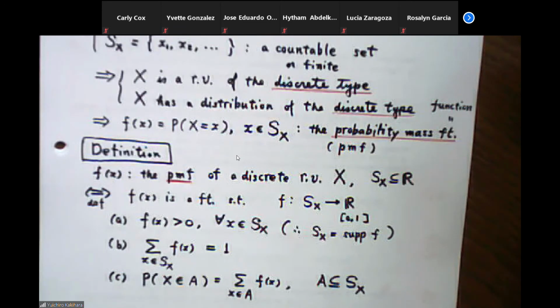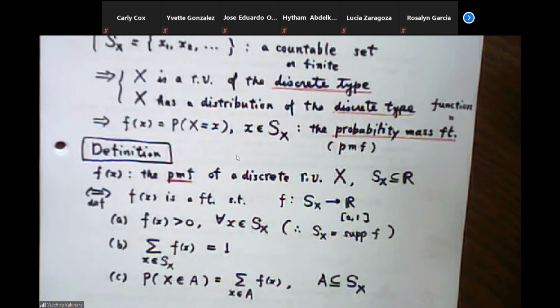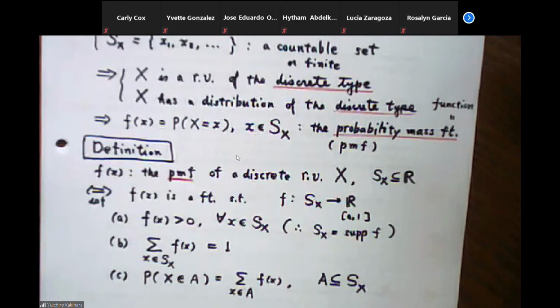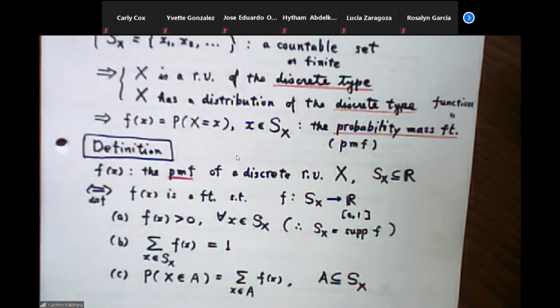So one more time, the probability mass function is defined on the space of x, or range of x, into the set of real numbers. You can restrict to the interval 0 to 1, and positive on the set S of x. So necessarily we can say S of x is the support of f. Then we collect all the probabilities, P of x equal to x, and that sum should be equal to 1.